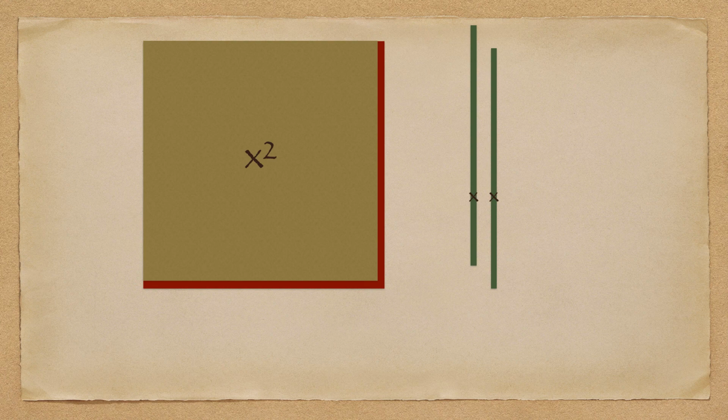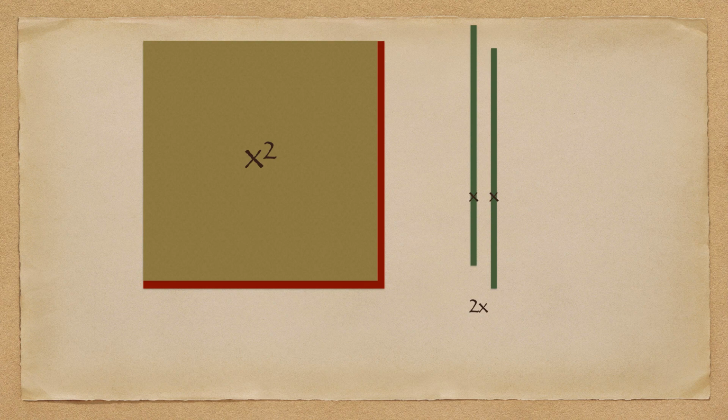Now the dx is tiny, so we can ignore that too. So the extra area here is 2x. Now, that's a great representation, if I do say so myself.